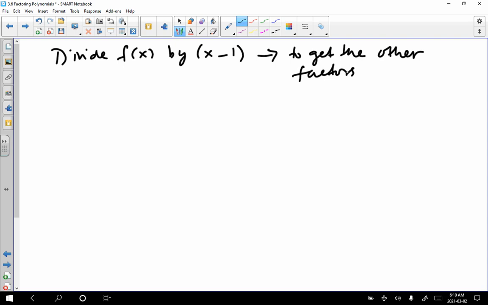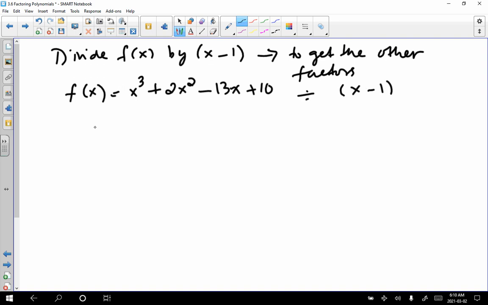So we're going to use synthetic division. And in synthetic division, let's just write the function. f of x equals x cubed plus 2x squared minus 13x plus 10. And we're going to divide that by x minus 1.